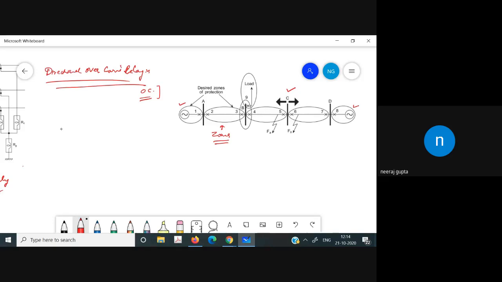Now let us consider that we have the overcurrent relay at the bus C. The overcurrent relay operates on the magnitude of the fault current and cannot sense the direction. Let us suppose that we have the non-directional overcurrent relay.